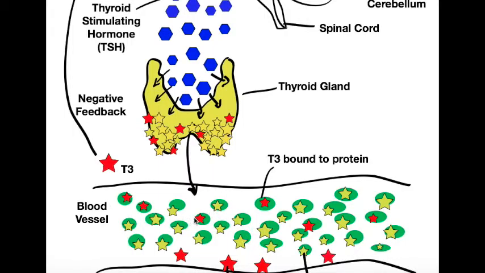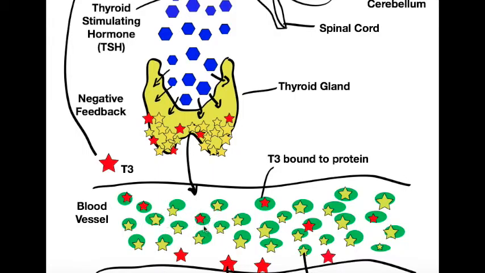And therefore this is one way that the body controls how much active or live hormone is present in the bloodstream at any one time. When the body requires more, the proteins can detach the stars, allowing them to then affect the body tissue as well. So this is how the thyroid gland is stimulated.